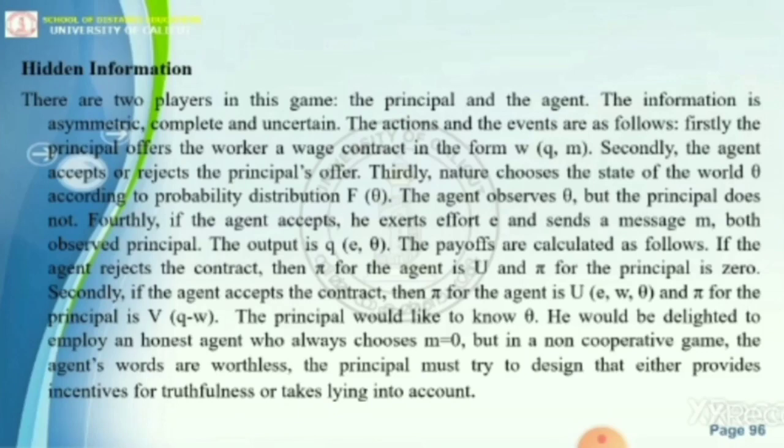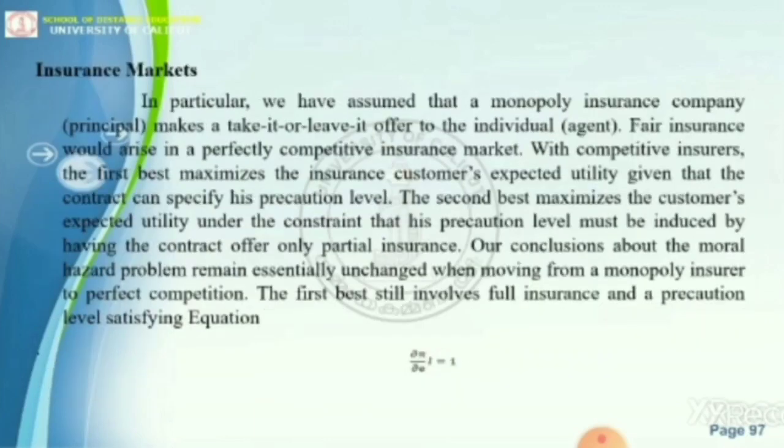Secondly, if the agent accepts the contract, then pi, that is profit for the agent, is U, that is U of E, W and theta, and pi for the principal is V times Q minus W. So the principal would like to know theta. He would be delighted to employ an honest agent who always chooses M equal to theta. But in a non-cooperative game, the agent's words are worthless. The principal must try to design a contract that either provides incentives for truthfulness or takes lying into account.